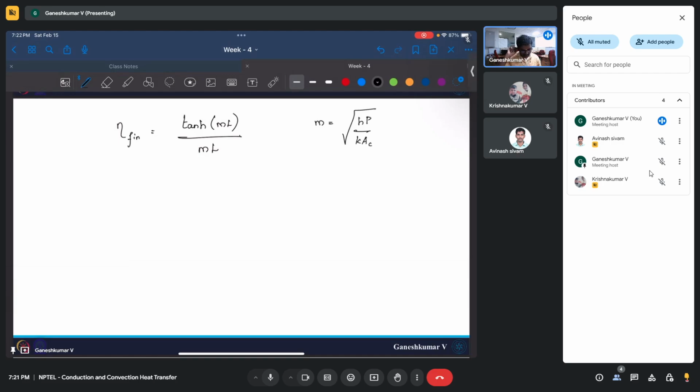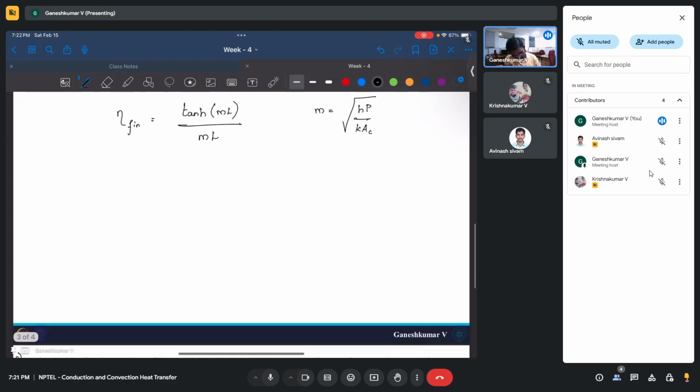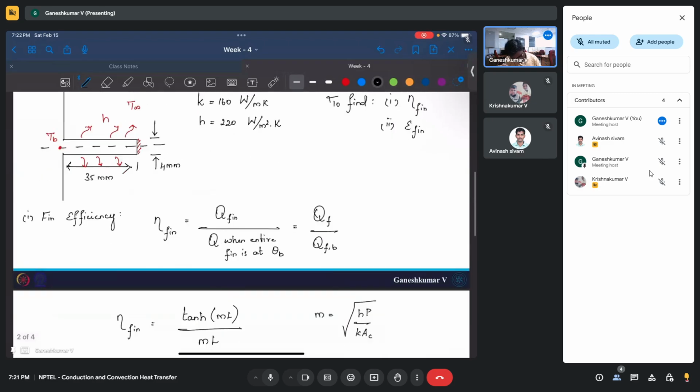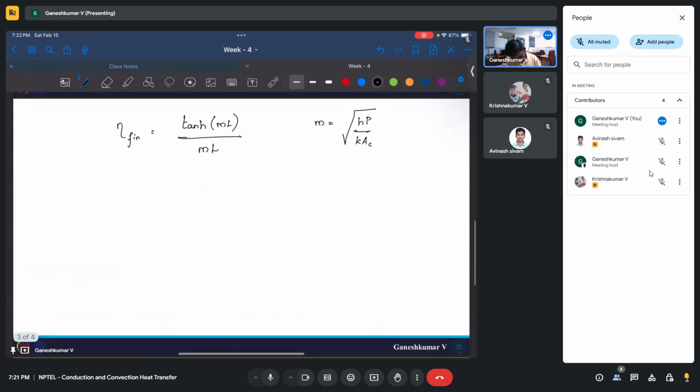Okay, now this is where you should be a little bit careful. What should be the perimeter and what should be the Ac or area of cross section? You should be very careful. Once you identify that, the entire process is very simple. Okay, so let's first try to find out what is m. So in this case, how does it really look?